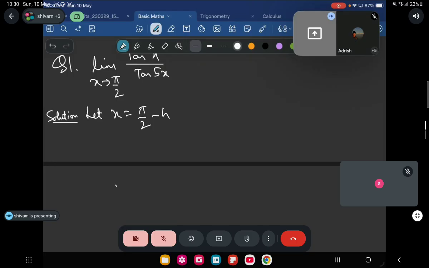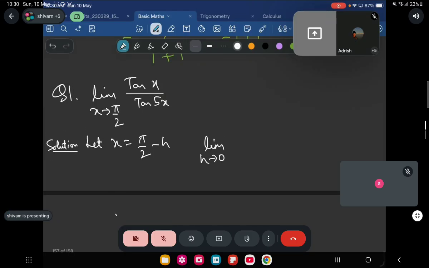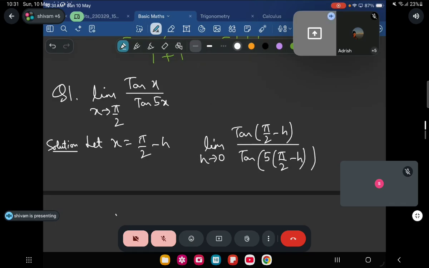So what are you getting? Limit h tends to 0, tan of pi by 2 minus h upon tan of 5 into pi by 2 minus h. Are people getting it? Because the angle is tending to pi by 2.